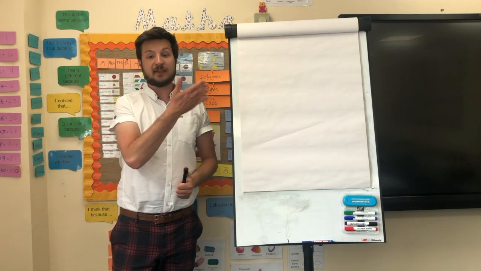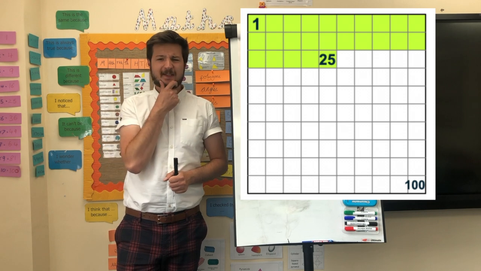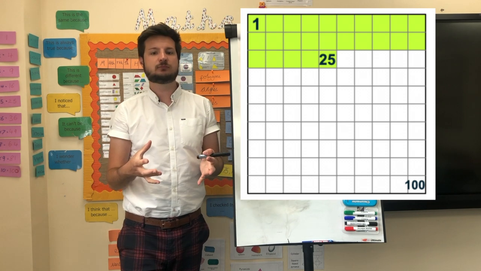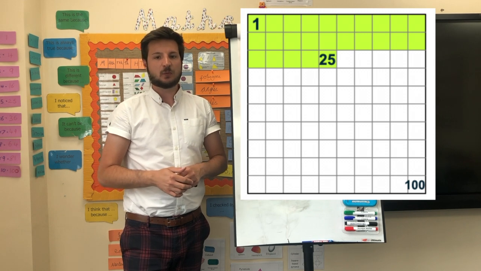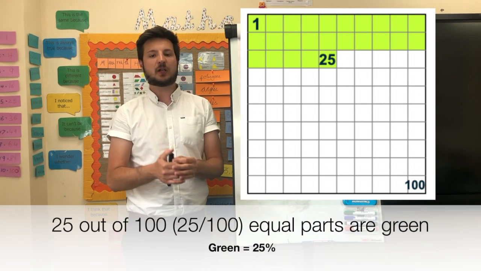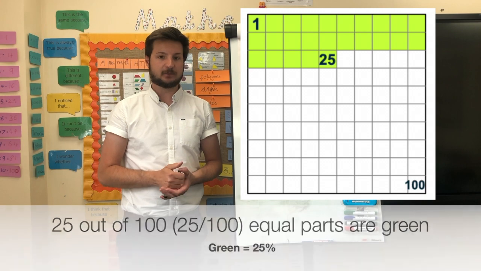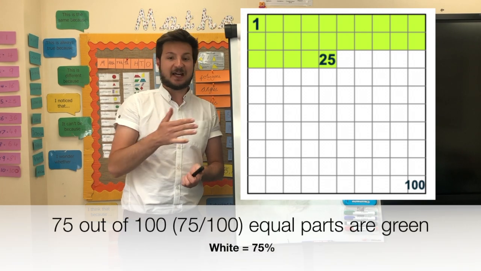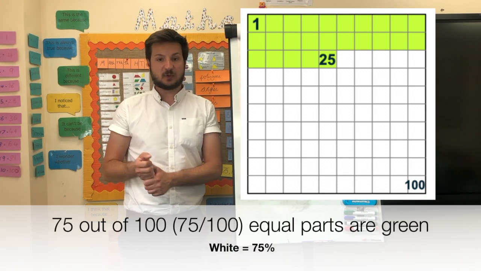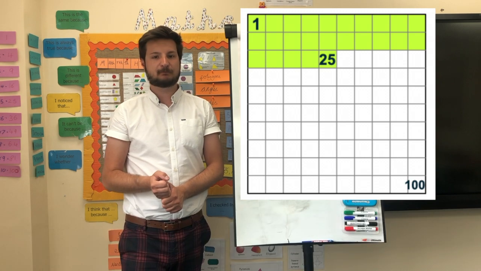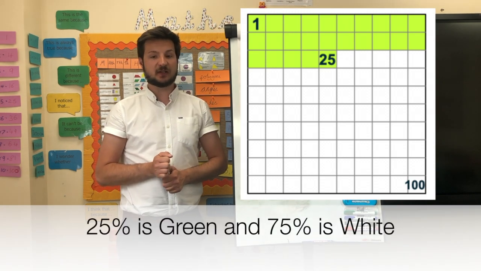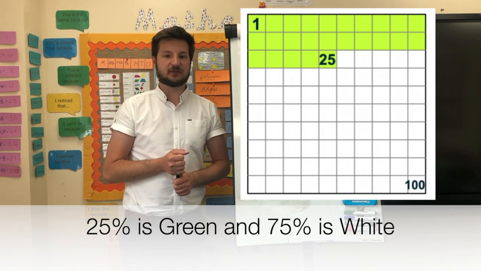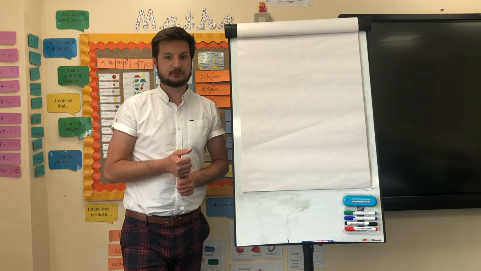Now take a look at this shape. What percentage does it show? Or should I say, what percentages does it show? Well, 25 out of 100 of those squares are green. 75 out of the 100 equal squares are white. This shows us that 25% of the squares are green and 75% of the squares are white.